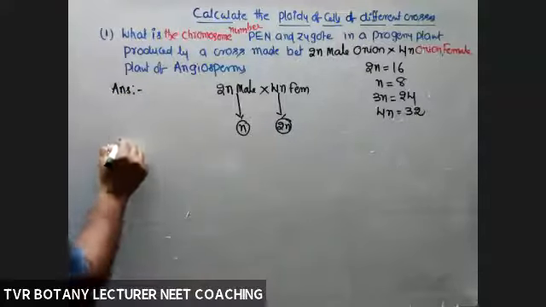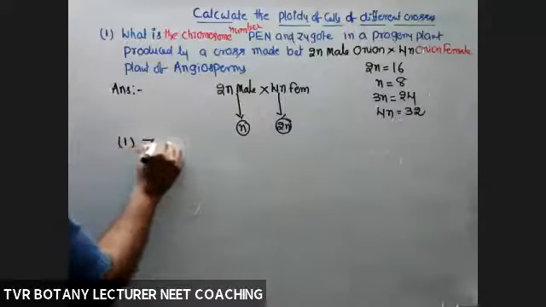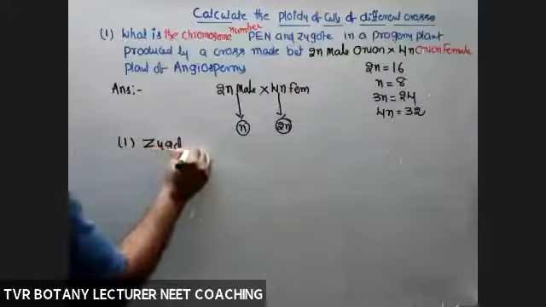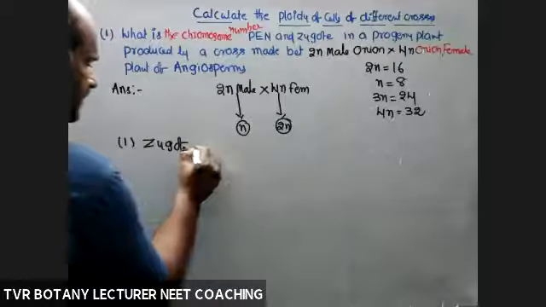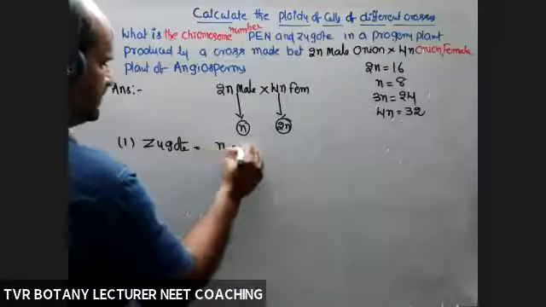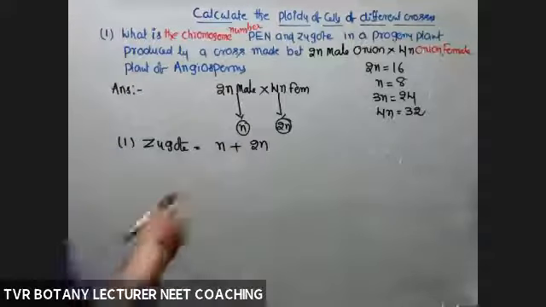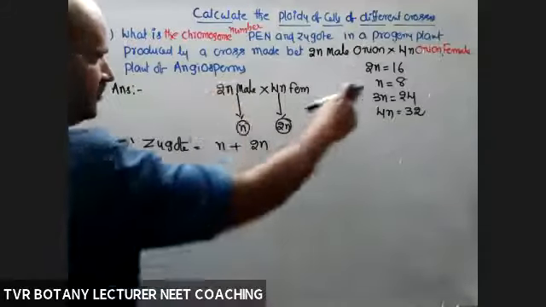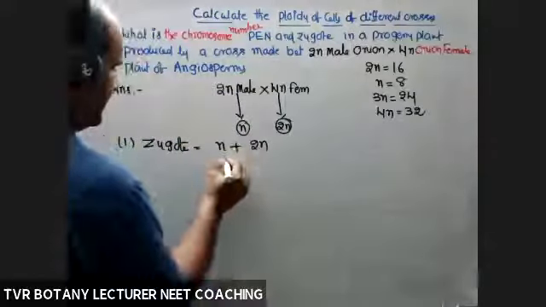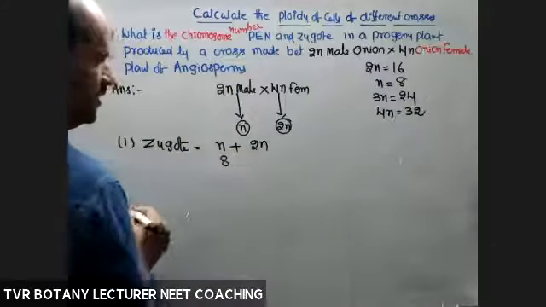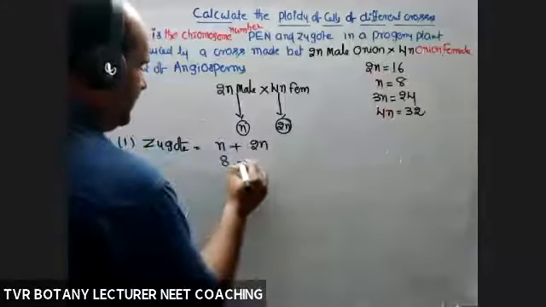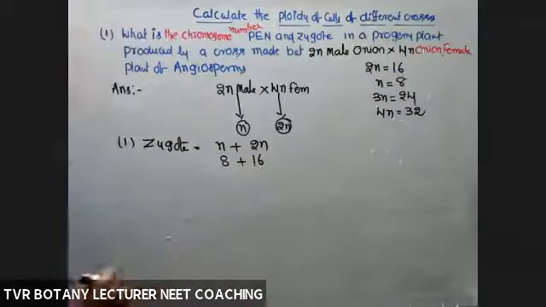Now first one, zygote. In zygote, what about the number of chromosomes possible? Okay, so n plus 2n. So what about the n number of chromosomes? 8 only. And 2n chromosome number 16.